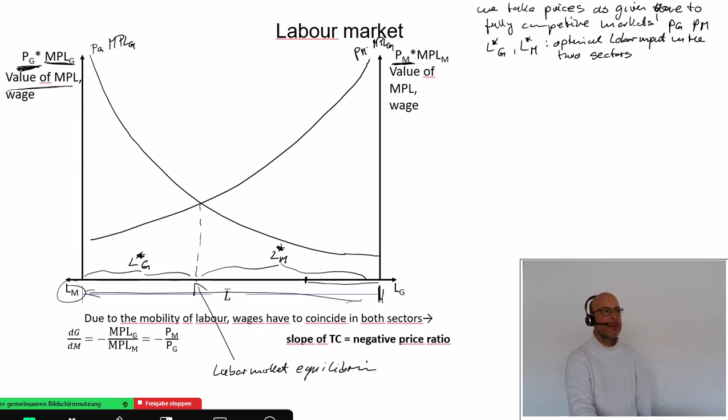Well, because why do we have the intersection? The value of the marginal product has to coincide with what, given profit maximization? What is profit maximization? What is profit? What is profit in general?